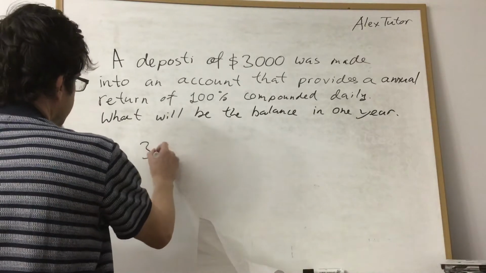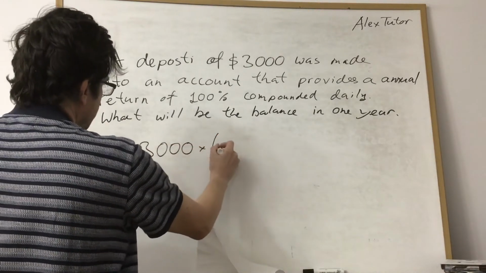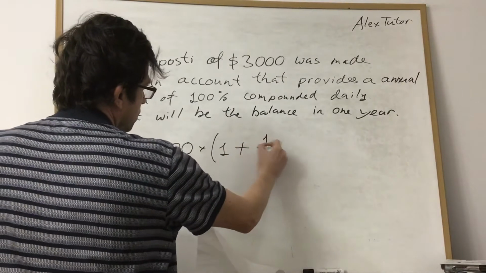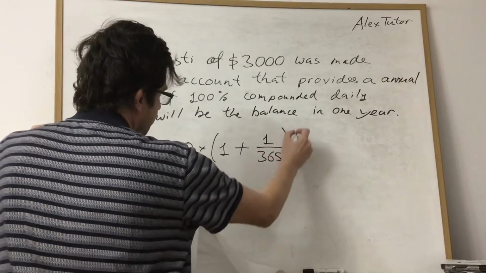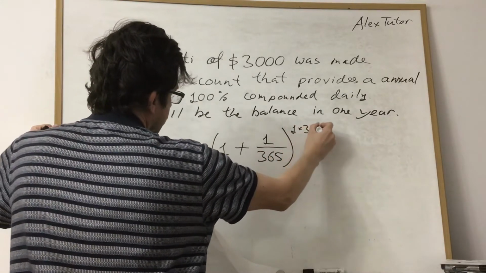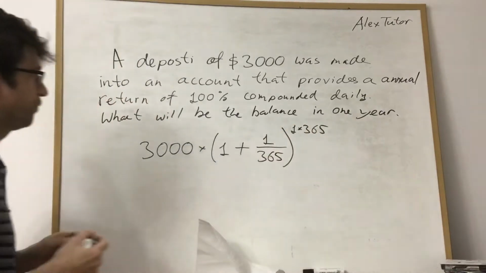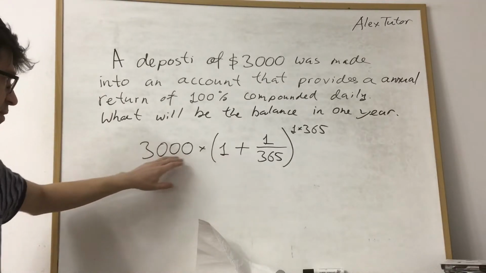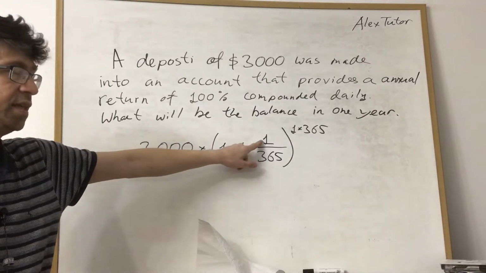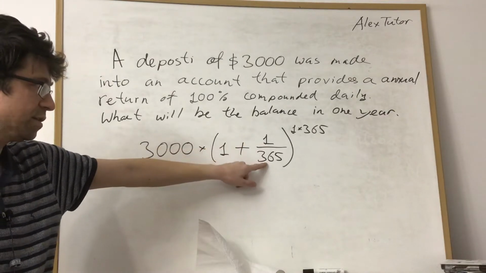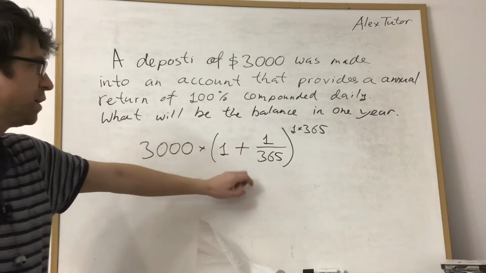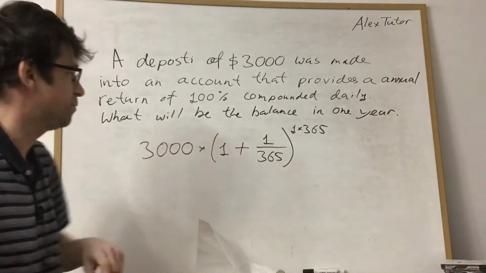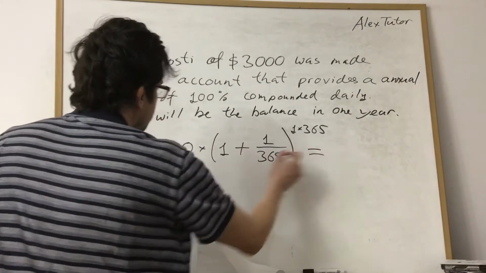I need to take 3,000. I multiply by 1 plus 1 over 365 to the power of 1 times 365. Since it's 1, which is 100%, which is principal, plus 100% interest, divided into 365 periods, I will take it to the power of 1 year times 365 periods. Now what am I going to get?